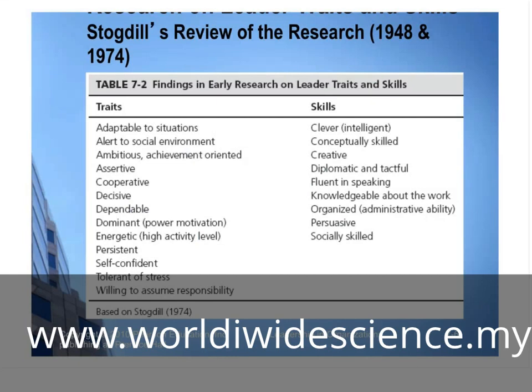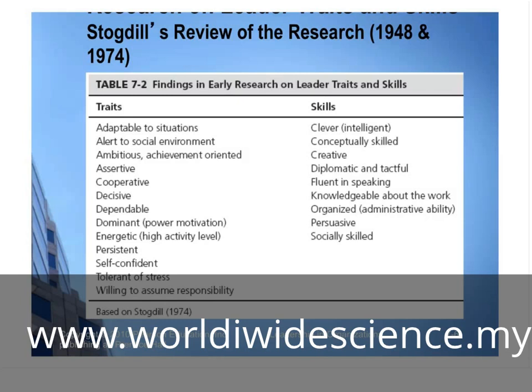Defining the early research on leaders' traits and skills shows us that traits are adaptable to situations, alert to the social environment, ambitious, achievement-oriented, assertive, cooperative, decisive, dependable, dominant, energetic, persistent, self-confident, tolerant of stress, and willing to assume responsibility.